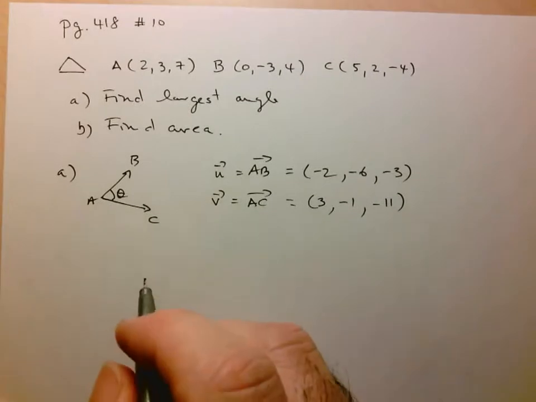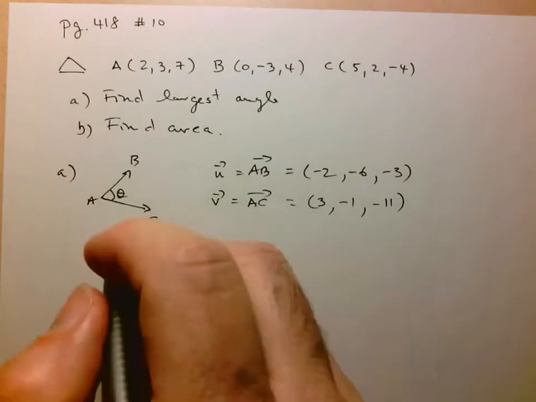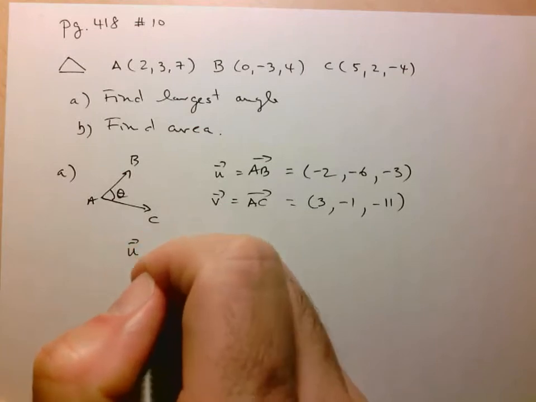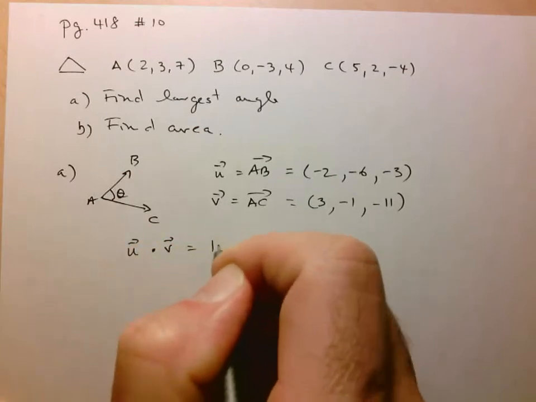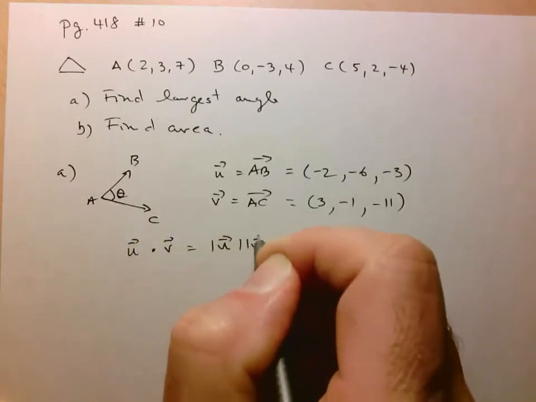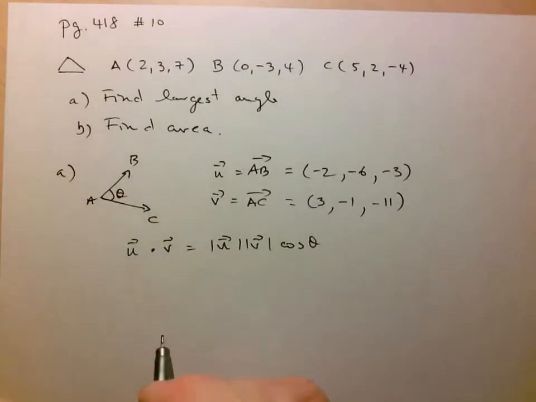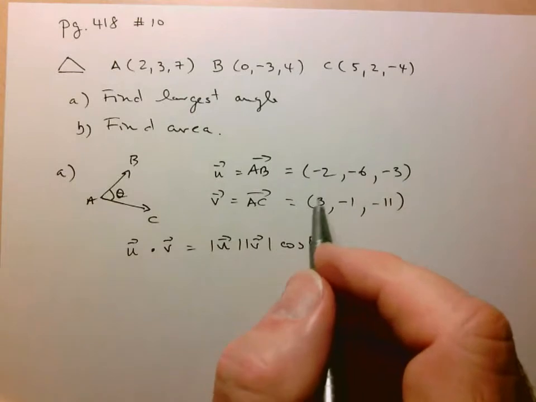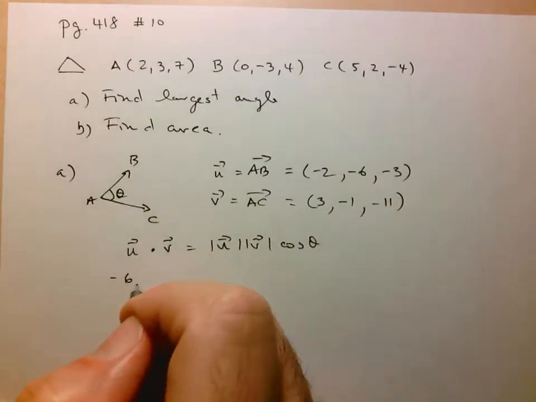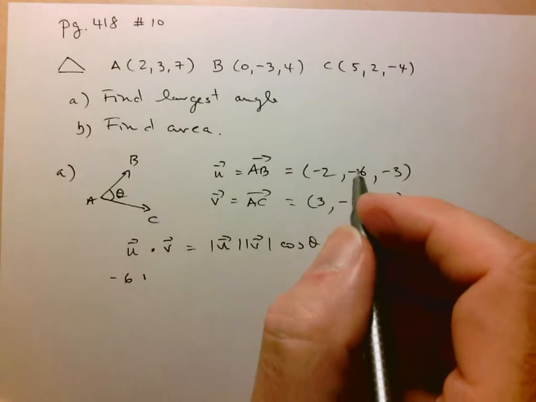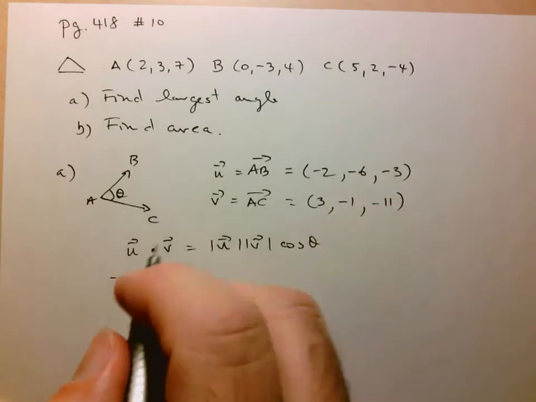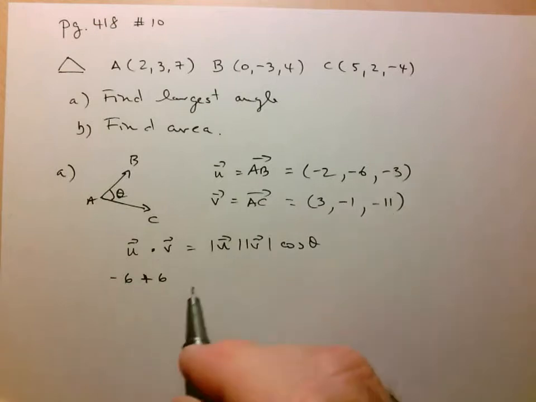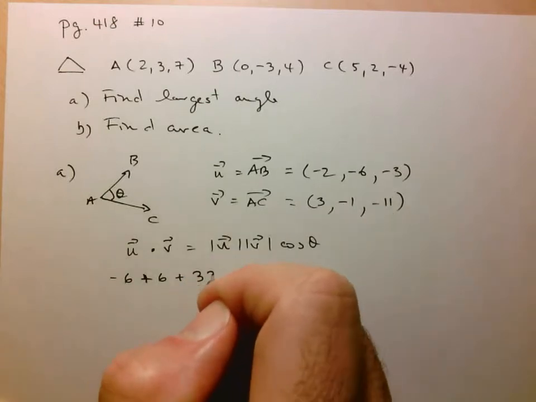Now that we found the two vectors, we can use the dot product. Recall that we use both the algebraic and geometric definitions. So U dot V is the magnitude of U times the magnitude of V times cos theta. U dot V here is negative 2 times 3, negative 6, plus negative 6 times negative 1, so plus 6, plus negative 3 times negative 11, so plus 33.